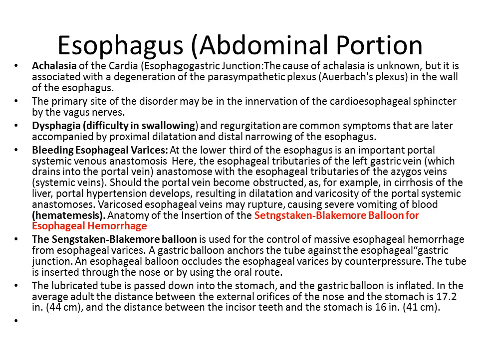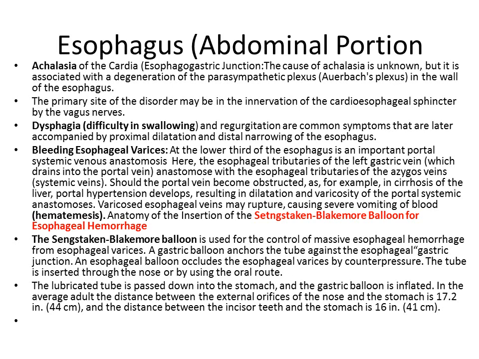But when the portal vein becomes obstructed, for example in liver cirrhosis, portal hypertension develops, resulting in dilatation and varicosity of the portal-systemic anastomosis, especially at the lower end of the esophagus. This is called esophageal varices. The veins may dilate until they rupture. This will cause severe vomiting of blood, called hematemesis.